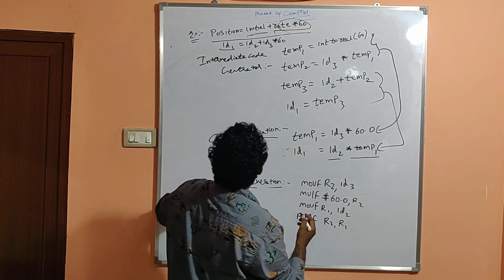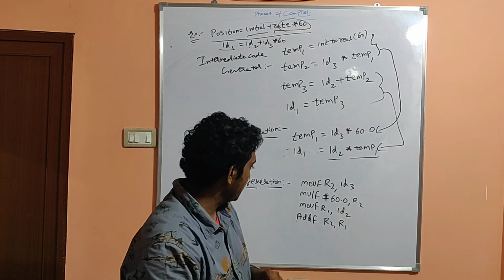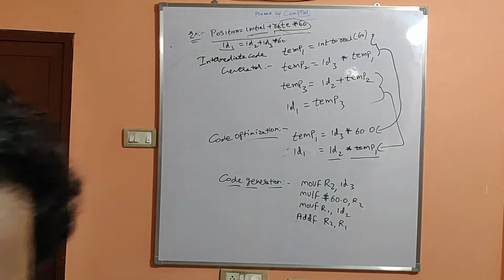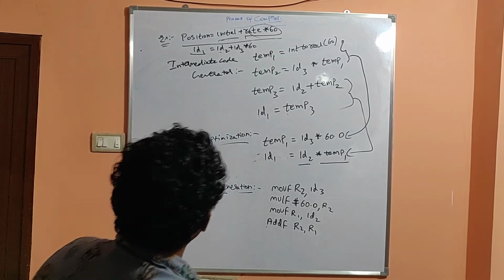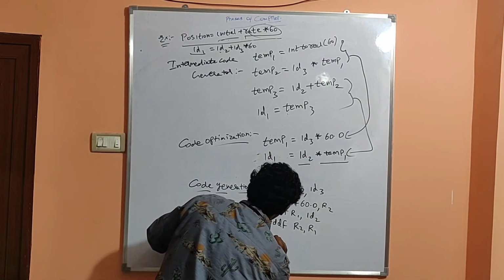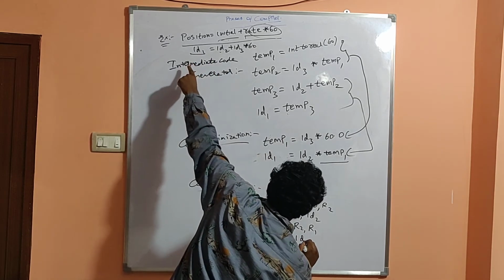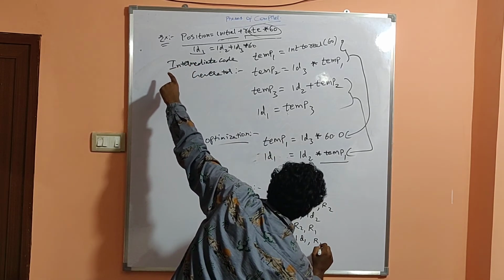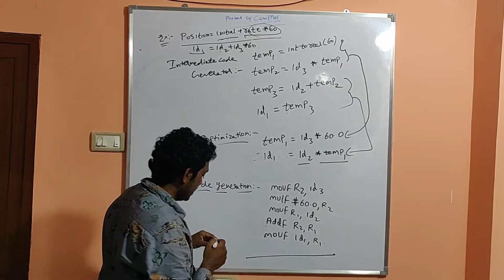Last, the balance is, till here we have moved. So now we have moved these values to id1 comma R1. So this is the procedure of how code generation happens.